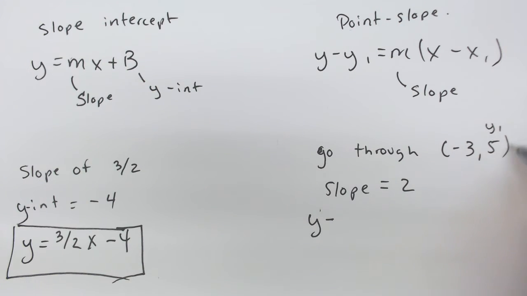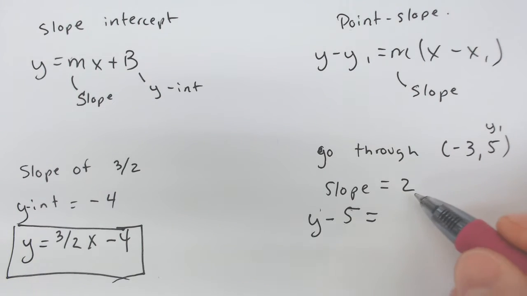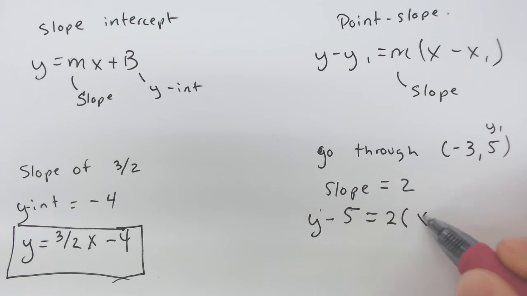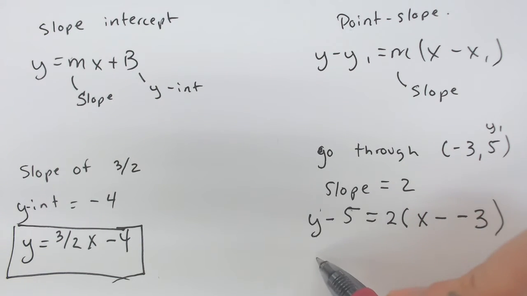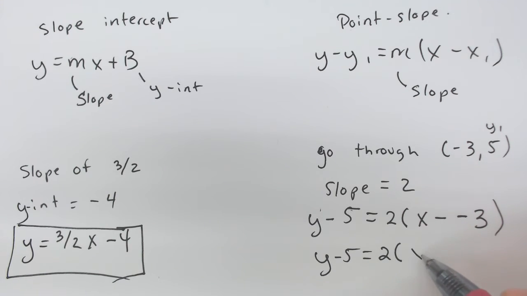Well, 5 is going to be y1, so y minus 5 equals slope 2 times x minus my x1, which is going to be minus -3. When you have a minus and a negative, you're going to need to change that to a plus, so we end up with y minus 5 equals 2x plus 3.